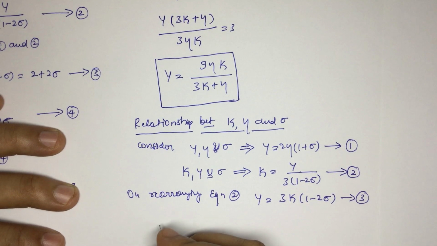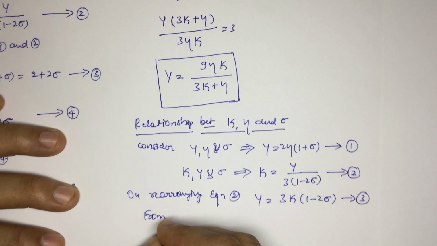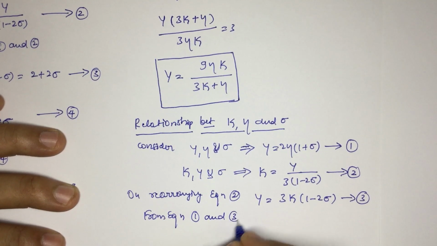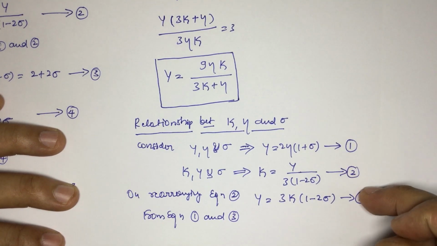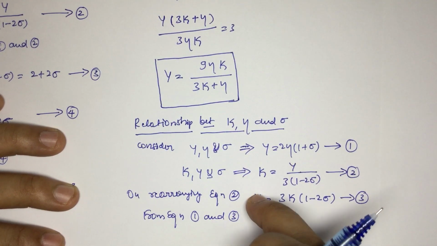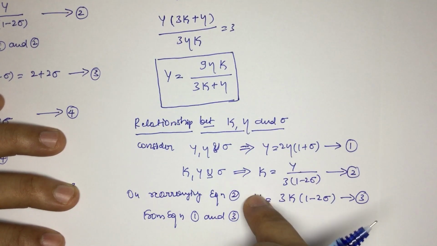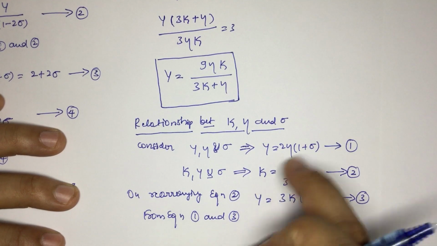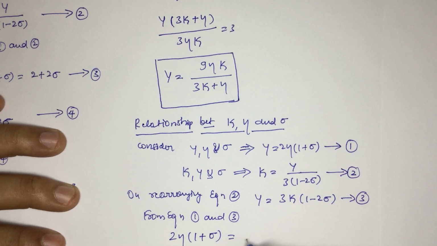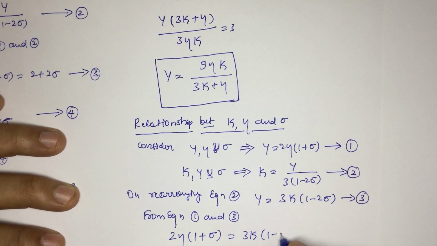Now from equation 1 and 3 we will equate these two. Here you can see in the LHS there is y, Young's modulus, so here they are same, so RHS must be equal. Thus 2 eta into 1 plus sigma is equal to 3k into 1 minus 2 sigma.